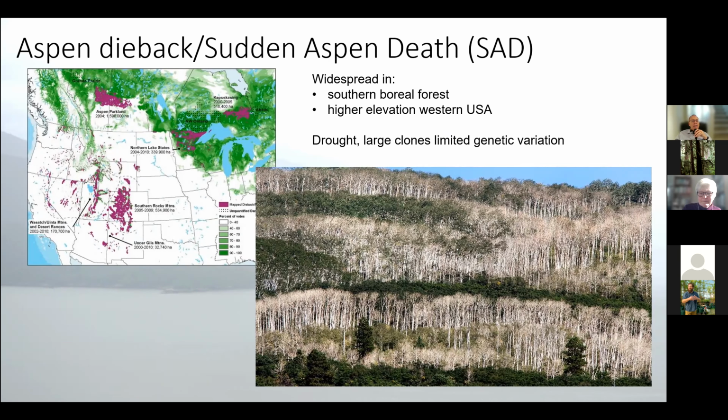An example closer to home is yellow cedar decline. This is a picture from Paul Hennon, and here's a map that I think Vanessa showed. These are already old numbers from 2016: over 200,000 hectares in Alaska, and more than 50,000 hectares in British Columbia that are affected by yellow cedar decline.